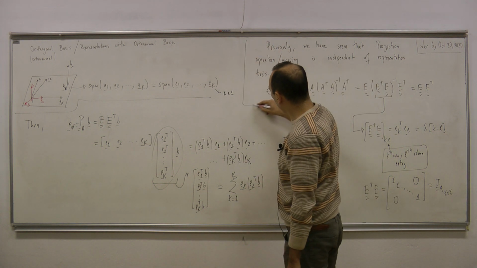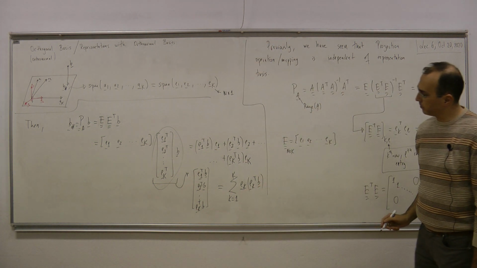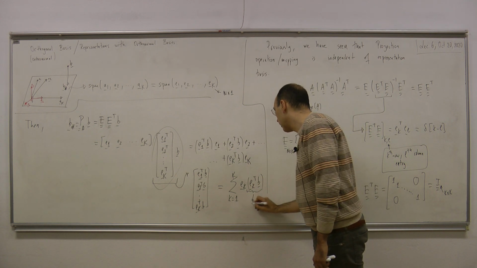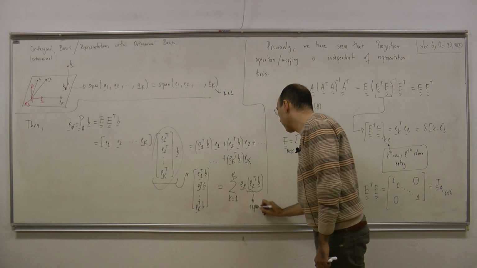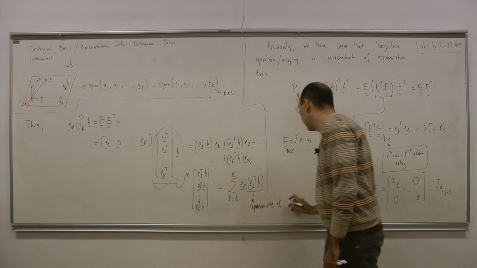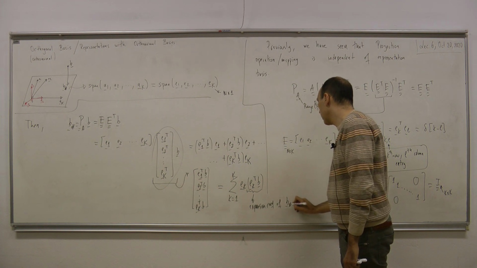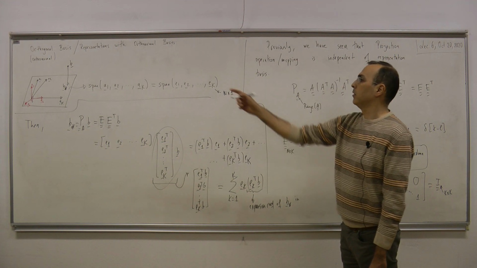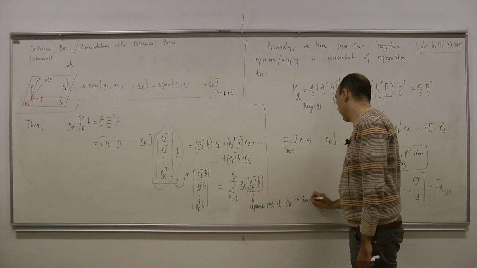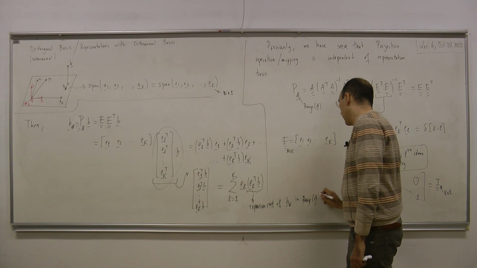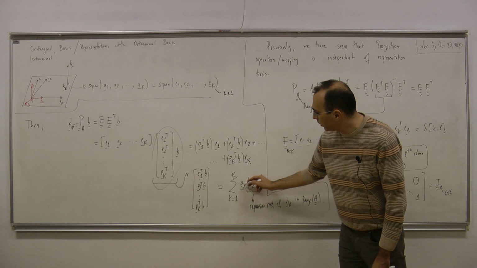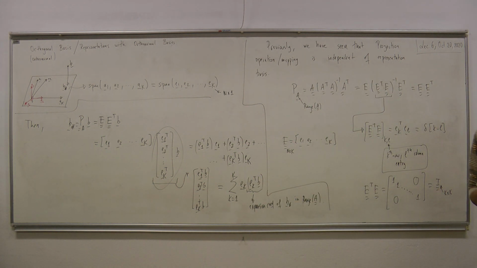Now the projection result is very simply expressed. You can say that this is the expansion coefficient of B star in this subspace, in the range of A, because it's just a scalar multiplying this basis vector.